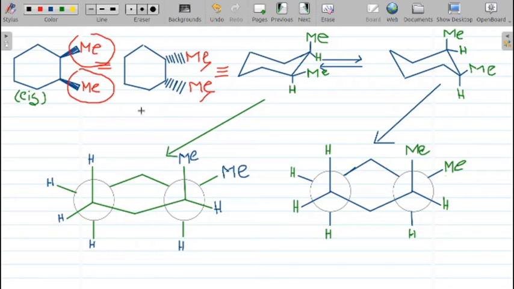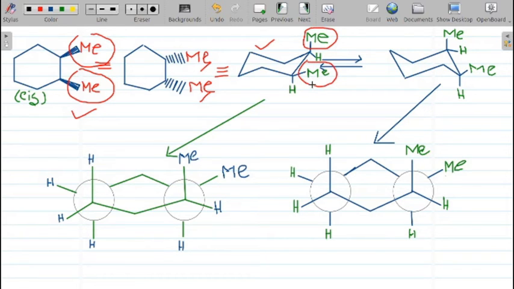when we consider the chair conformation of cis 1,2 dimethylcyclohexane, two conformations are possible: one methyl group is present at the axial position and the other methyl group is present at the equatorial position.